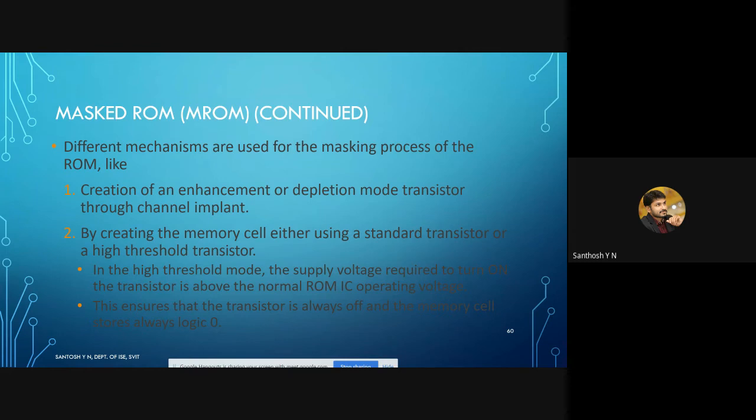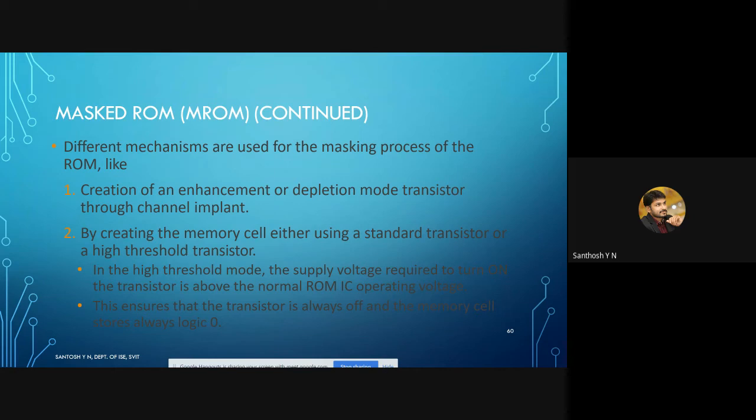So what is an enhancement transistor? In the enhancement transistor, the channel will not be there. The channel has to be established, but in the depletion mode transistor, the channel will be already present between the drain and source. Okay, but we shall not go in depth about the transistor because it is out of the syllabus. The memory cell is created either using a standard transistor or a high threshold transistor.